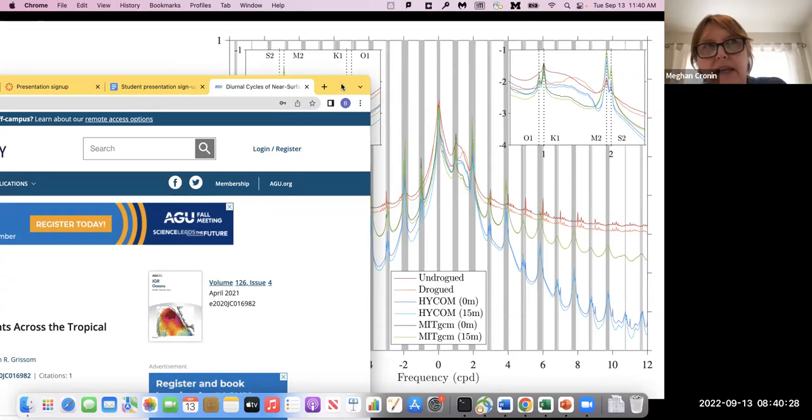So are the strong currents in the afternoon? With the diurnal cycle, that would be indicative of this momentum trapping. Yeah, I don't know.